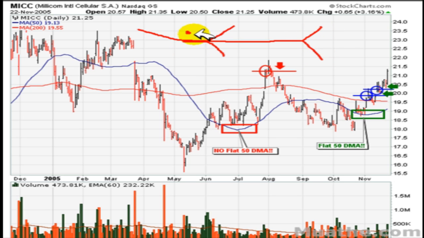So what we do is use the highest close above the 200-day moving average as our entry point. The moment the stock starts to show signs of moving above this highest close above the 200-day moving average, then we know that more than likely this 200-day moving average is going to resolve to the higher side.